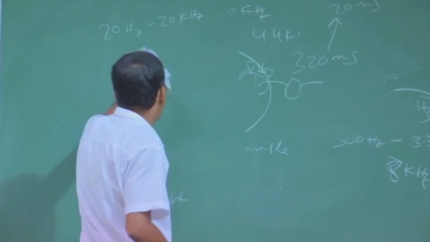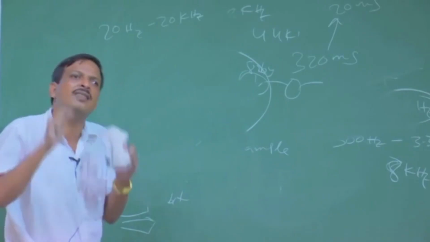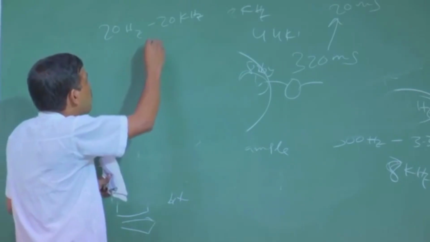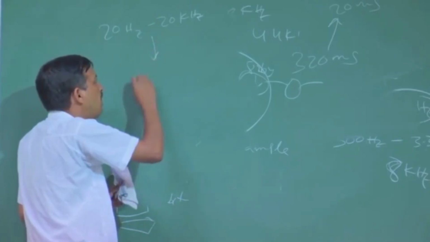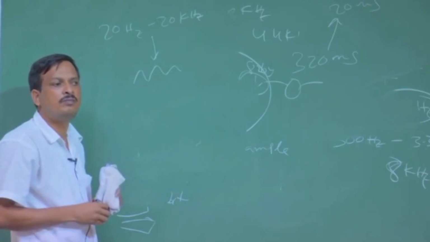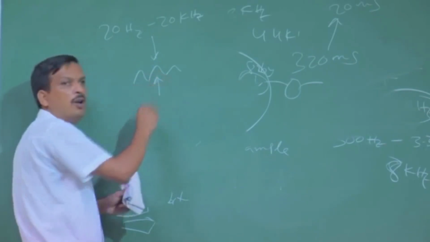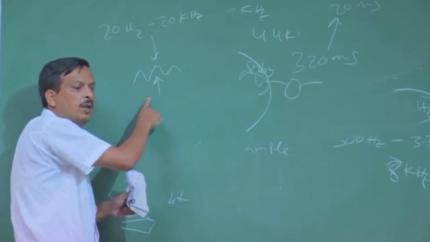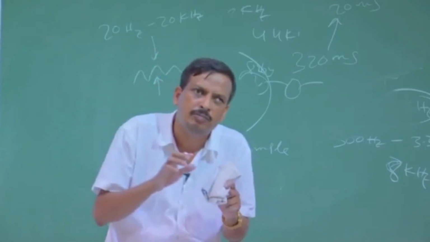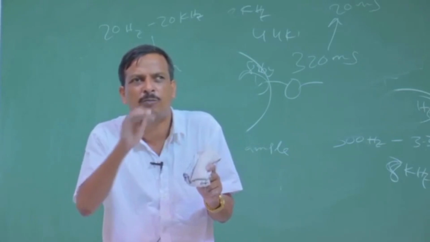Once I put the microphone in front of the mouth, the microphone has a limitation. The microphone has its own properties, because it has to convert the acoustic wave to an electrical signal. A microphone may have a sensitivity, a frequency response, a pickup pattern; all kinds of restrictions are there. Those who know the details of microphones know that there are a lot of parameters.